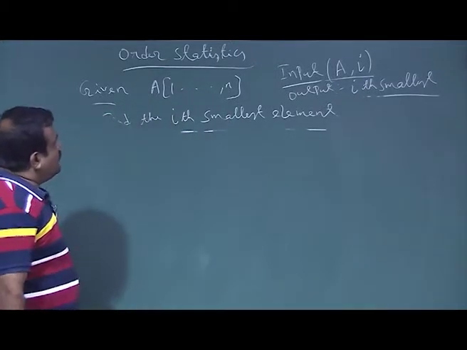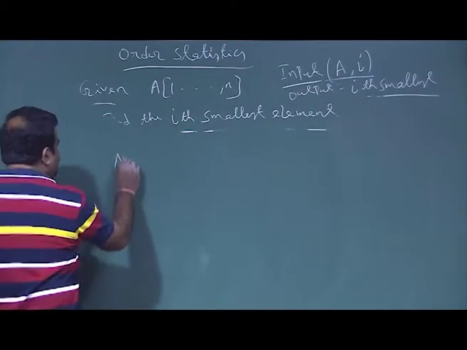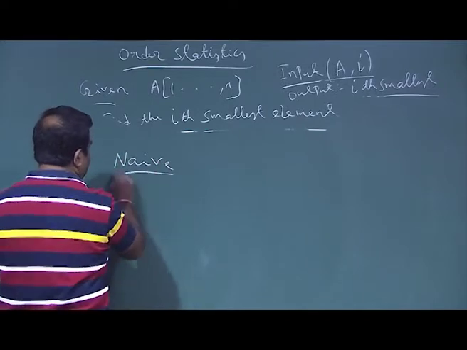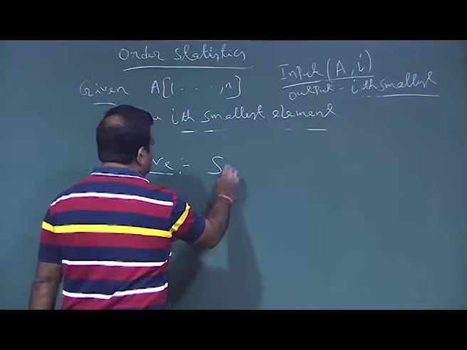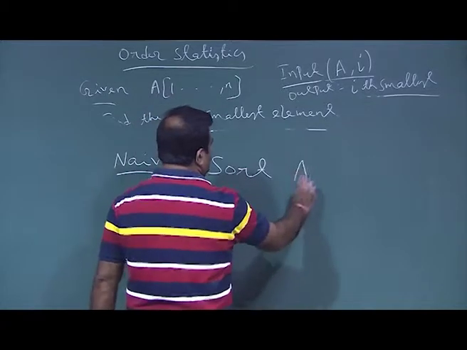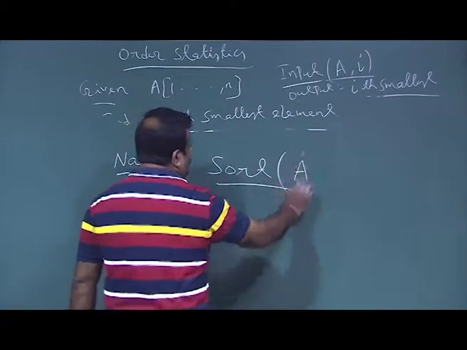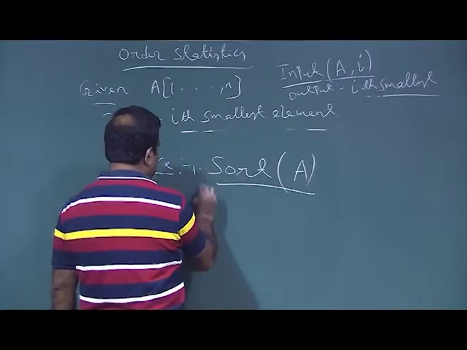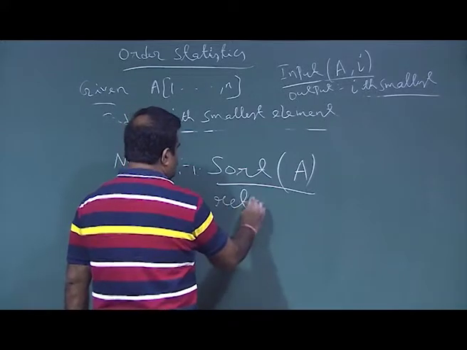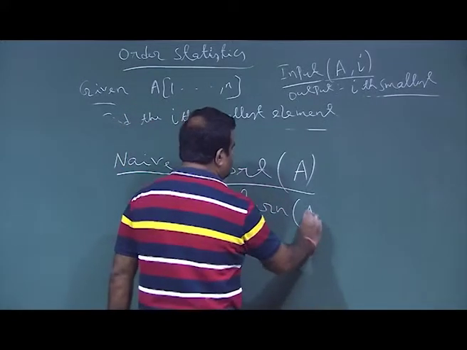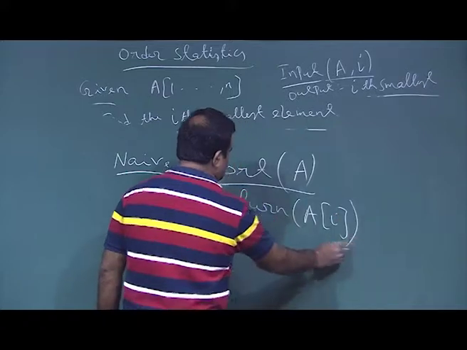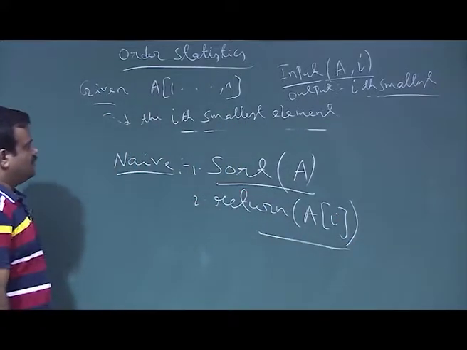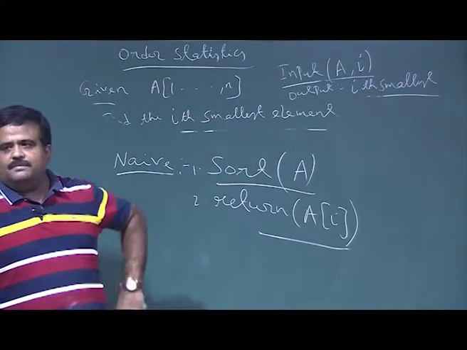So what is the naive approach? We sort A and then we return A[i] after sorting. That is our ith smallest element.